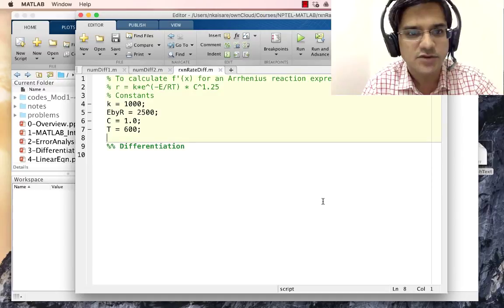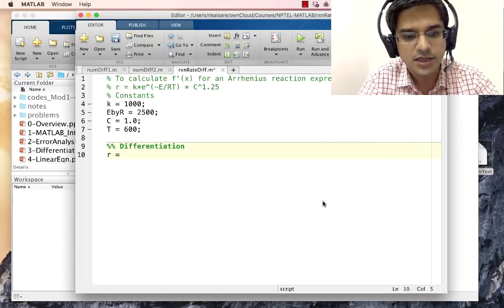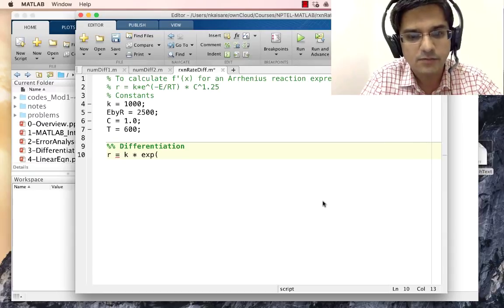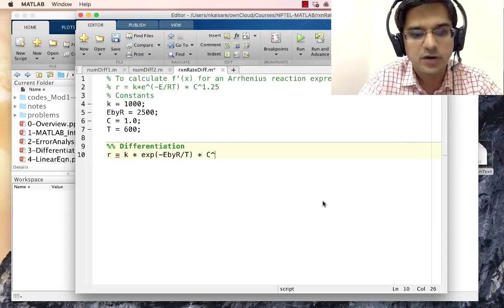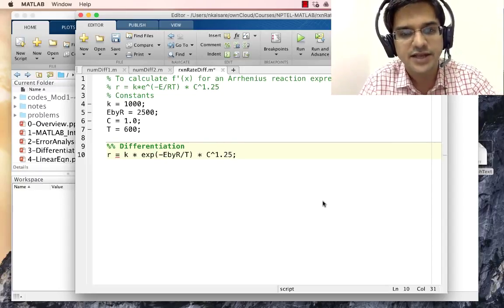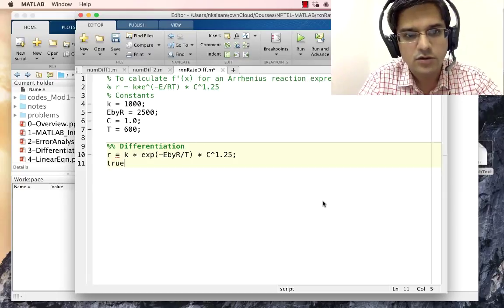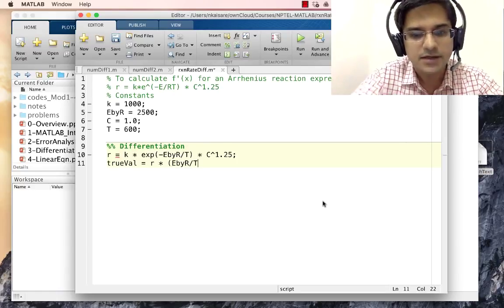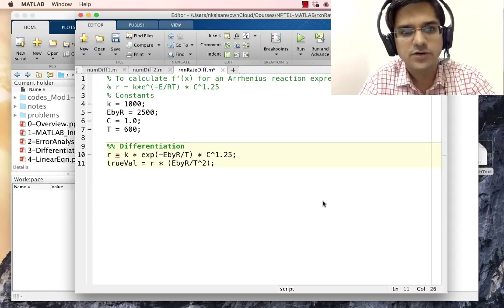So let's first calculate the rate R equal to K multiplied by exp minus e by R divided by T multiplied by c to the power 1.25. That's the rate. True val is just going to be equal to R multiplied by E by R divided by T squared. That's our true val.